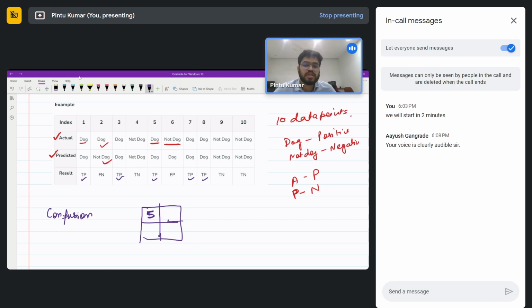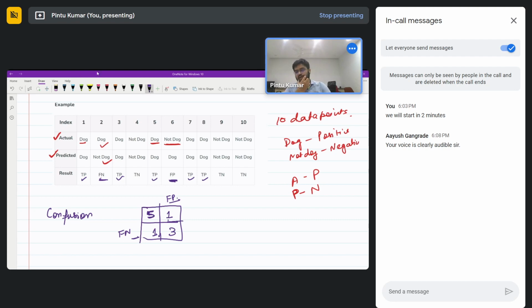What is the second position? The second position was false positive, right? So the second position will have only 1 value. So it will be 1. Now comes the value, this is false negative, this position. So this is false negative, this is also 1, and true negative is 3. Okay. So this is how you create your confusion matrices.